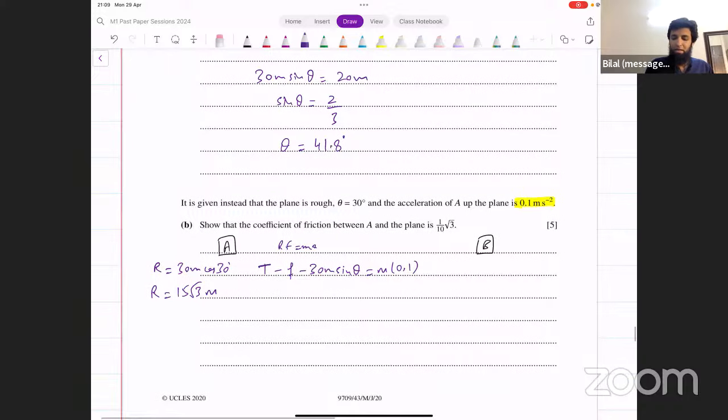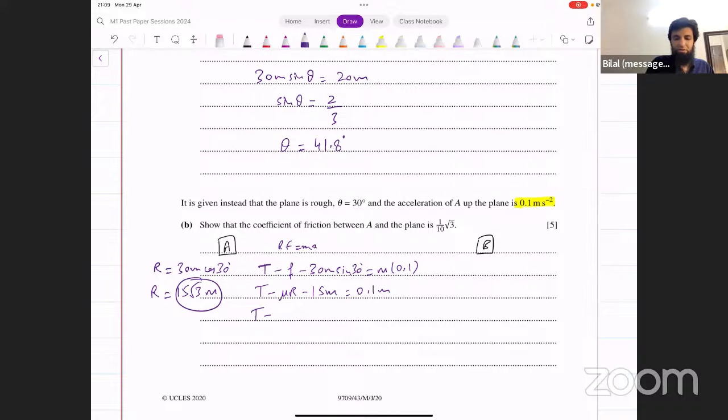Now we can say T minus F, and since the object is moving now, friction is at its maximum value, mu into R, minus 30m into sine 30. Let's input that here. Sine 30 is 1 over 2, so that becomes 15 times m equals 0.1 times m. Now, T minus mu into R value is this.